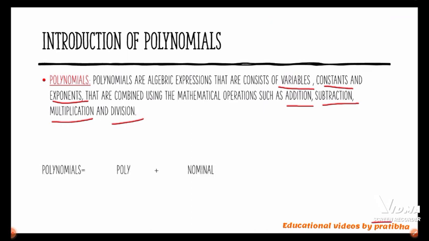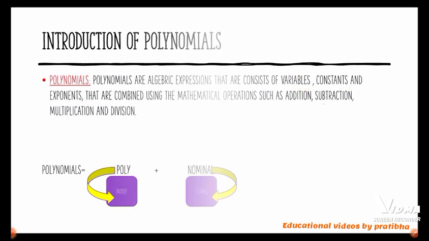The name itself says poly plus nominal. Poly means many, nominal means terms. So an algebraic expression which has many terms is also called a polynomial.